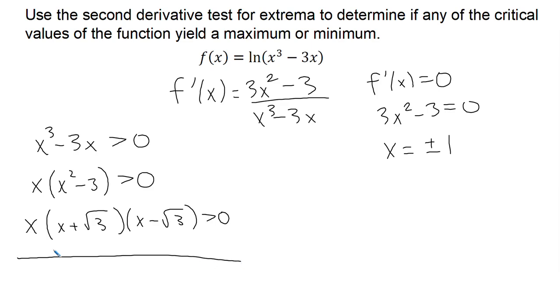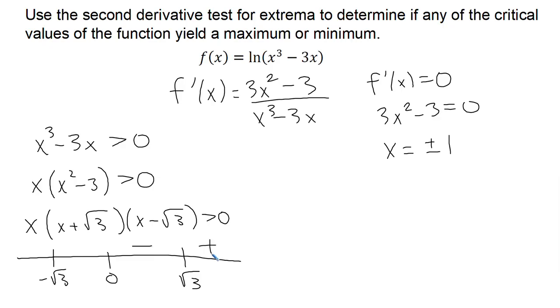And if I make a sign chart with negative root 3, 0, and root 3 on it, I can test values in there. Like if I test 1, right, I get a positive times a negative, right? So anything between 0 and root 3 is not actually in the domain of this. If I plug in something more than root 3, like 1,000, I get all positives.